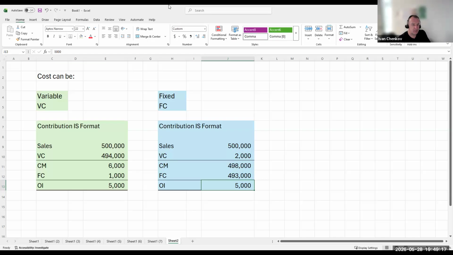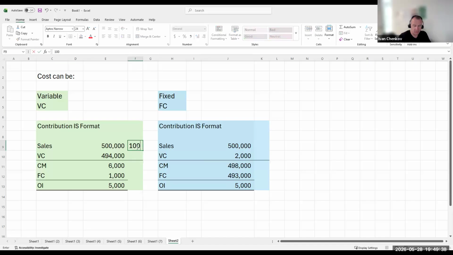How can we see this ginormous difference between one company and the other? When we express the contribution margin as a percentage, then we'll be able to see it and understand what is exactly happening. Let's go with the percentages. Sales are always 100%, no questions about it. Sales are always going to be equal to sales divided by sales, which is 1.